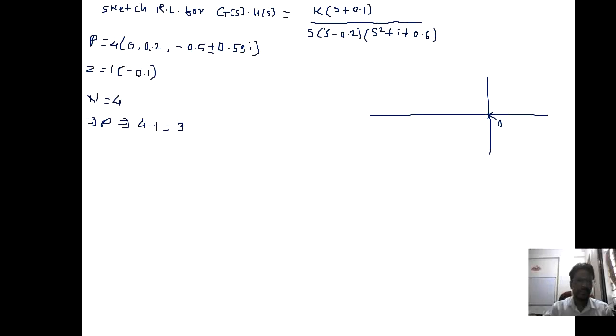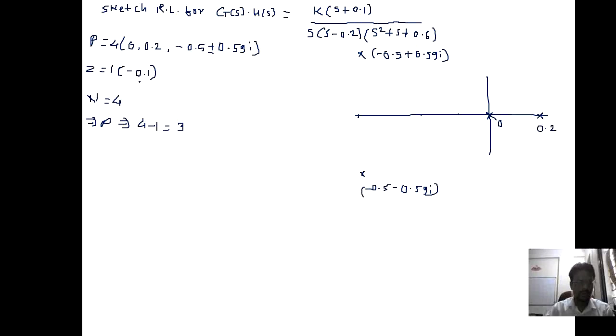This is not minus 0.2, this is plus 0.2, so it will be plotted on the right hand side of the S-plane. Next are the complex poles at minus 0.5 plus 0.59 i and minus 0.5 minus 0.59 i, with 0.5 on the x-axis and 0.59 on the y-axis.